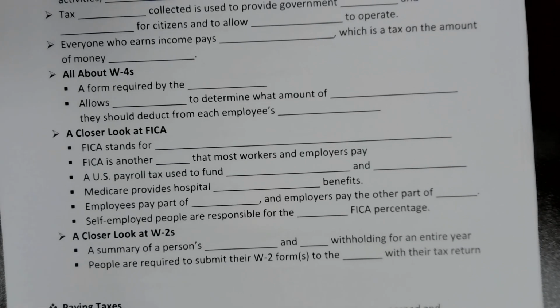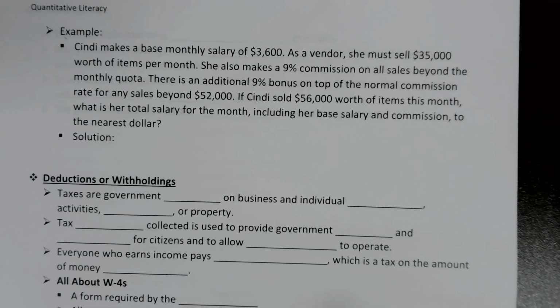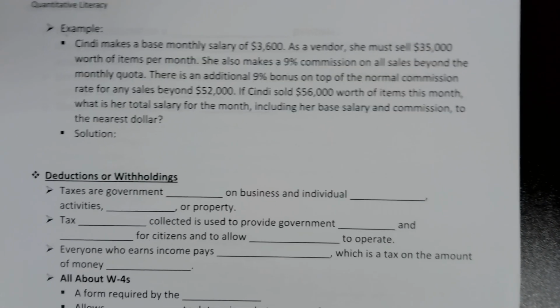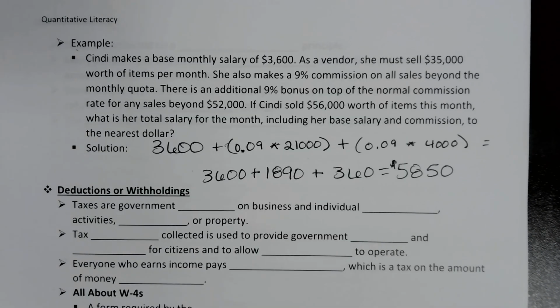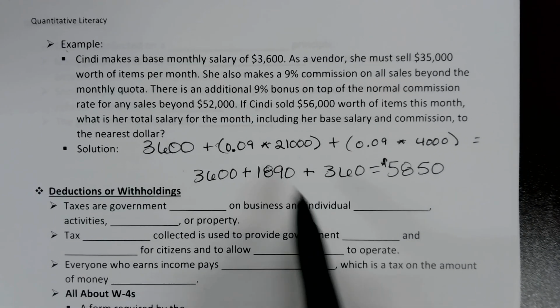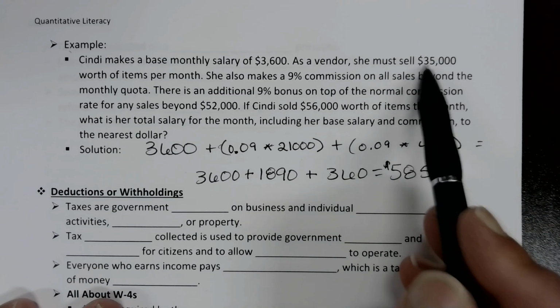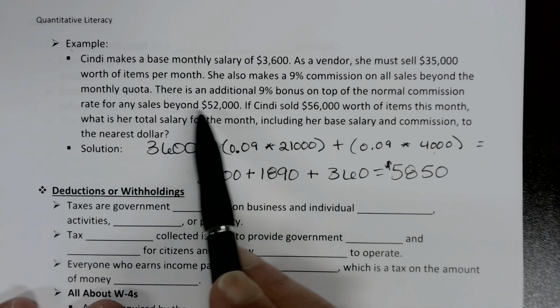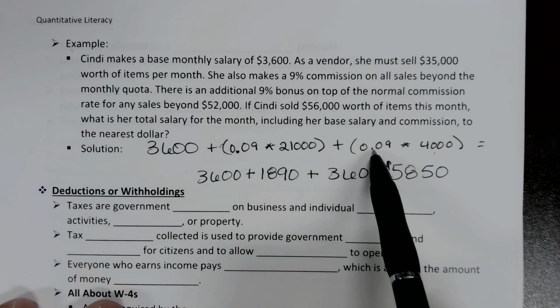Next page of notes here. Why don't you try this and then come back for an answer? Okay, so there's the answer to that question. She sold $21,000 above the 35. Then she sold $4,000 above the 52. So you have to count both commissions, because this is a bonus.